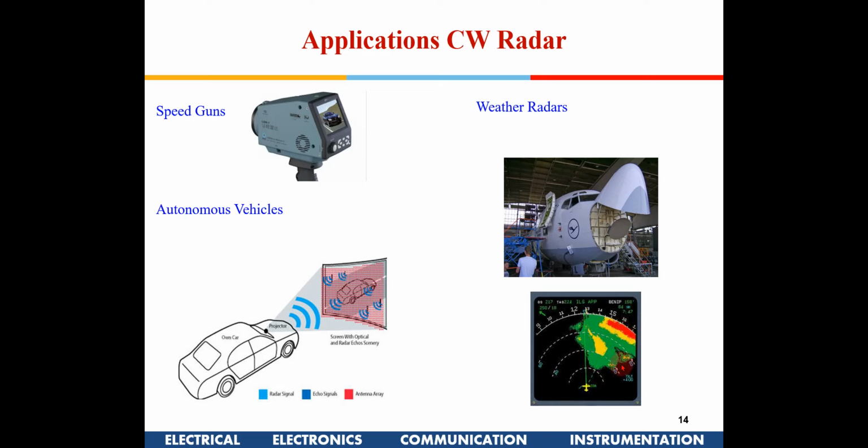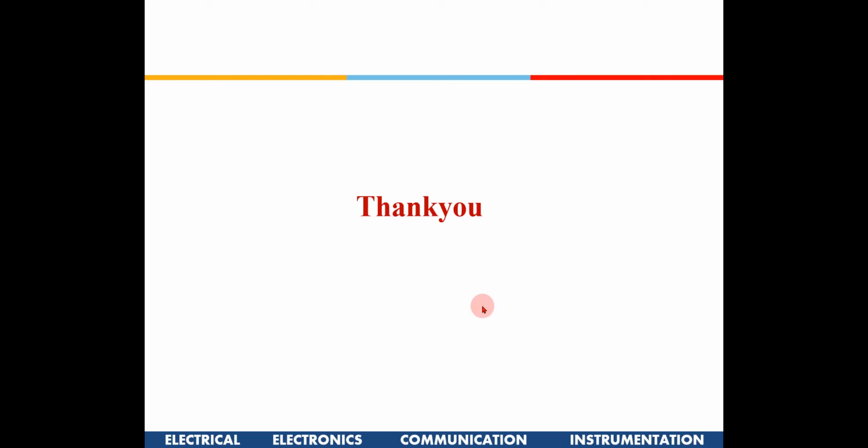So you get an indication like this: red indicates a bad weather situation, and green indicates where it's much better, and you can navigate your aircraft through the green patch. This is known as a weather radar. The Doppler shift introduced by a very dense fog will be different from that of lower density fogs. So these are some of the applications of the CW radar.